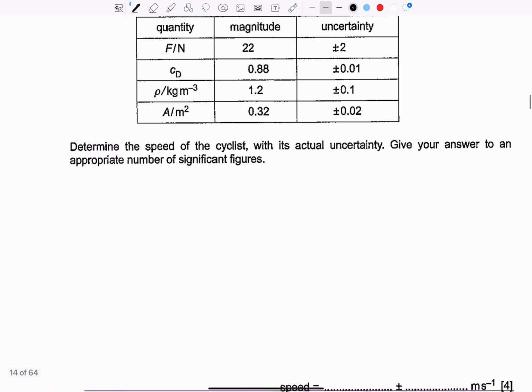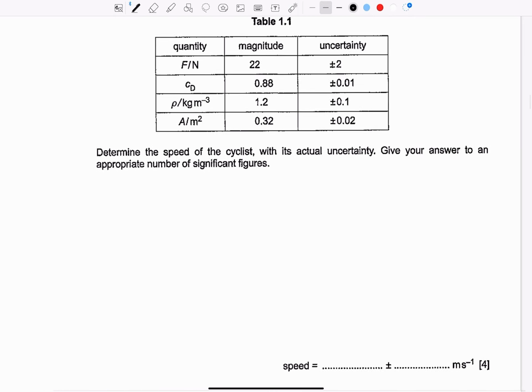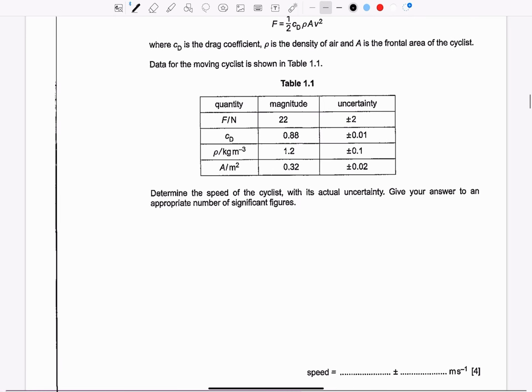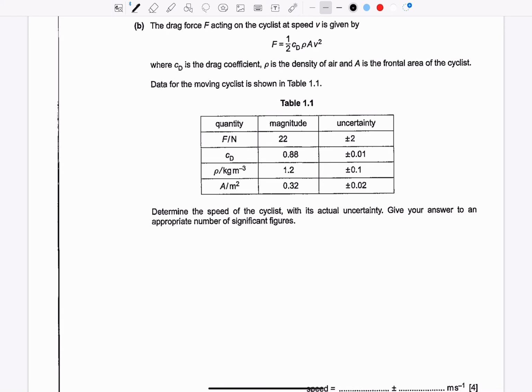Determine the speed of the cyclist with its actual uncertainty. So the question wants to find the speed, and speed here would be v. So we need to solve for v. Okay, let's do that right now. Starting from the initial formula, F equals 1 over 2 drag coefficient, density of air, area, v squared.